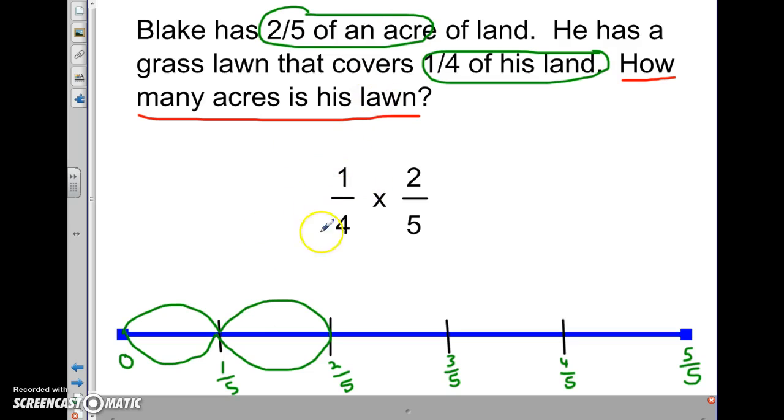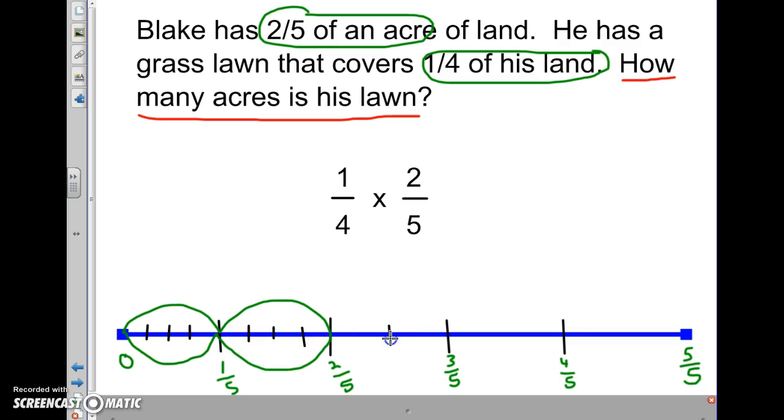But now we want to find just the amount of land that is covered with lawn. So we are going to take each of these 1/5 sections and break them up into fourths, because we're trying to find 1/4 of his 2/5.